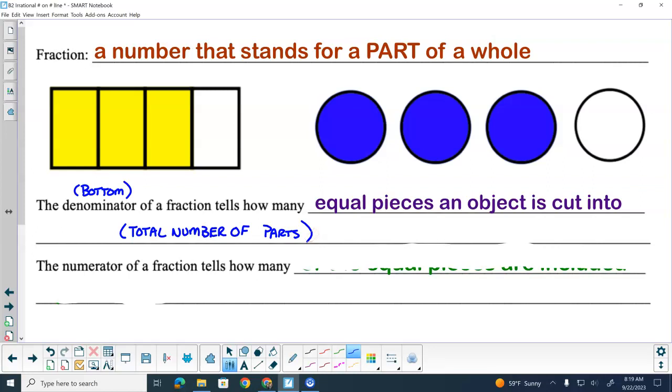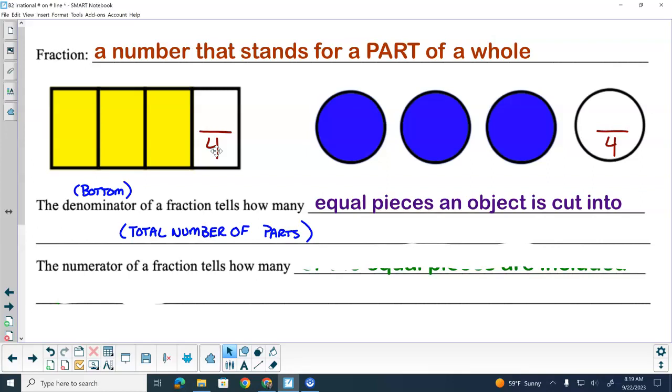So the denominator, the bottom part of our fraction, if we're doing those two, is 4. So our fraction in both of these would look like something over 4.